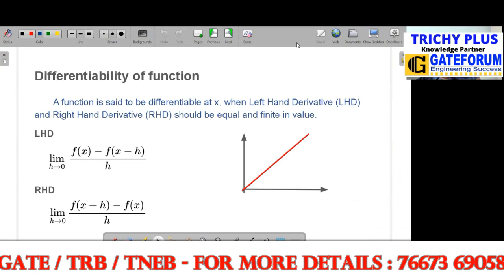Is it clear? Can you do one thing: take any GATE booklet, a GATE question bank. You will find at least 30 plus questions in limits itself.